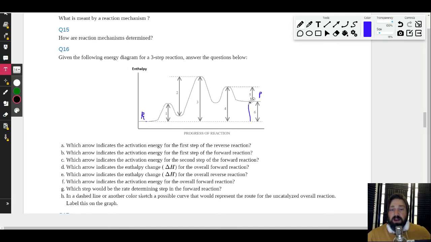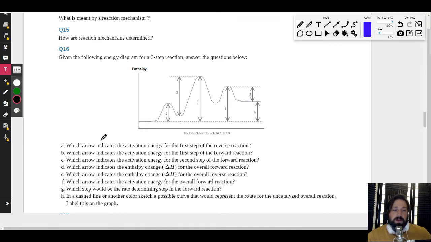I start here and I'm moving up to here, which means this reaction is gaining energy. Energy is going into this reaction, so it's an endothermic reaction. What are some other things we can tell from this? It's going to have 1 step, 2 steps, 3 steps. It's going to have 3 different elementary steps. And it tells us that right there.